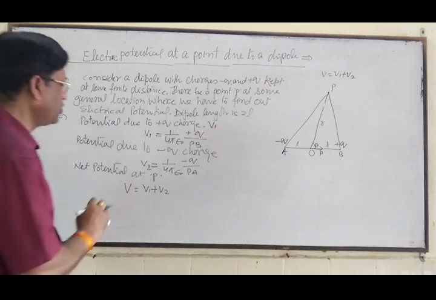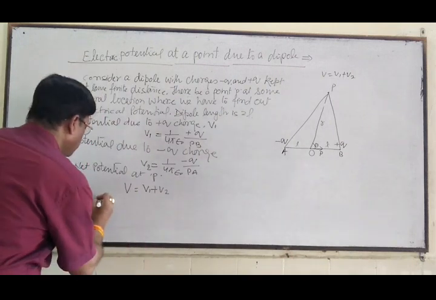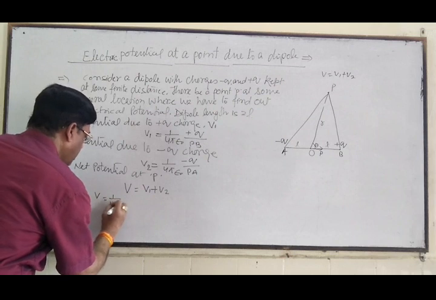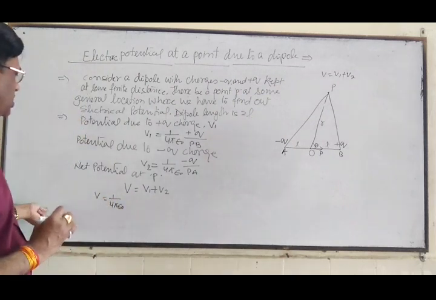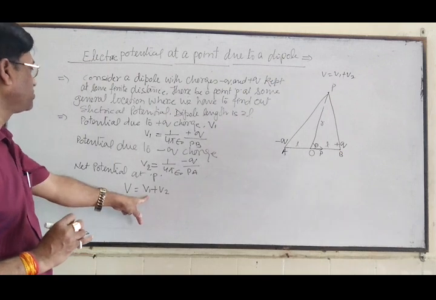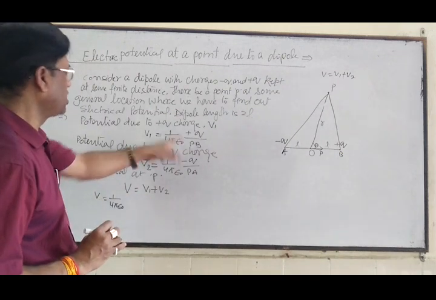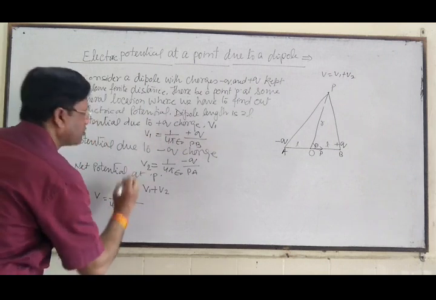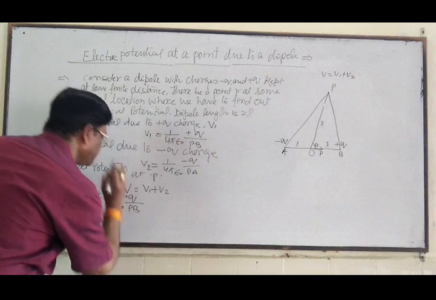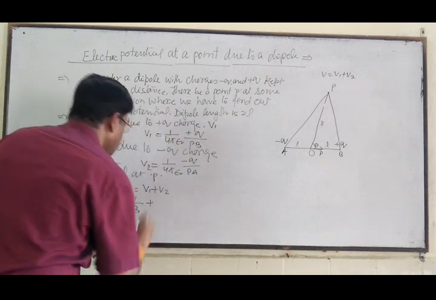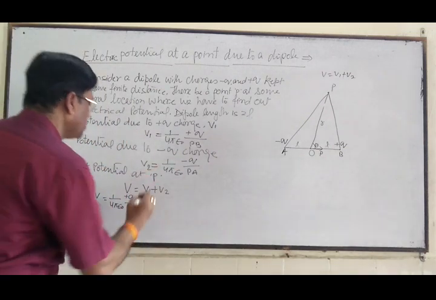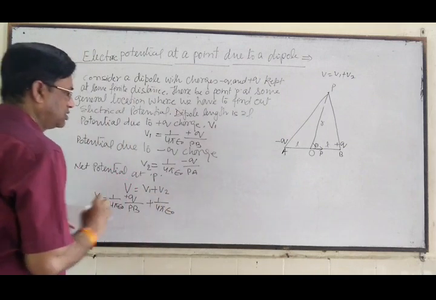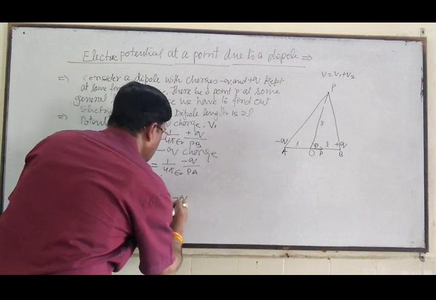Putting the values of V1 and V2 here, V is equal to 1 upon 4 pi epsilon naught plus q upon PB, plus the value of V2, 1 upon 4 pi epsilon naught minus q upon PA.